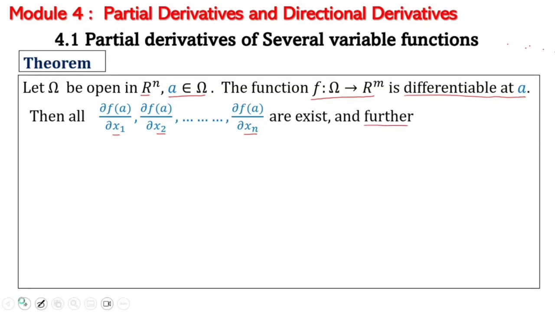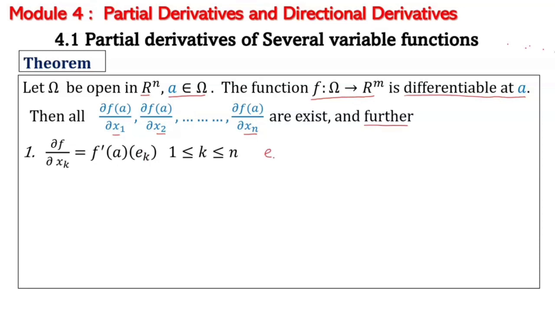And further, we have the partial derivative with respect to a particular variable xk, we will have f dash a ek, where ek is the unit vector 0, 0, 1, 0, 0. So this is the kth entry.